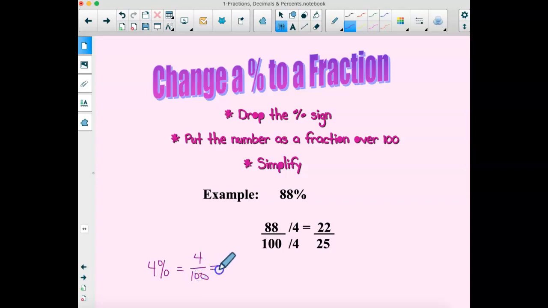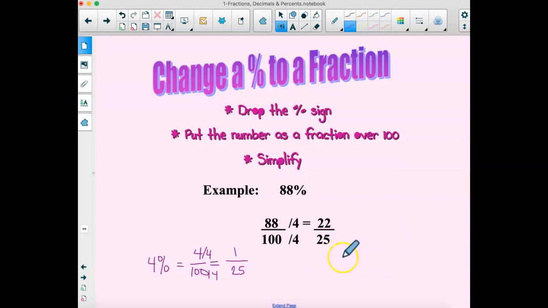And then we would simplify that. 4 and 100 can both be divided by 4. And so that is 1 over 25. Okay, you will run into some situations that you can't simplify it. If it's 27%, and I write that as a fraction, that is just 27 over 100. And we can't simplify that at all.